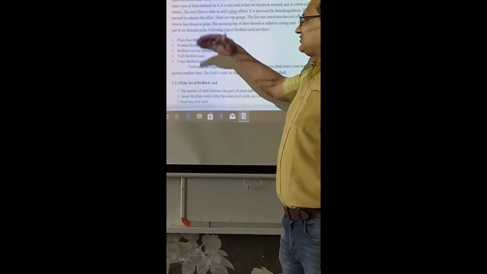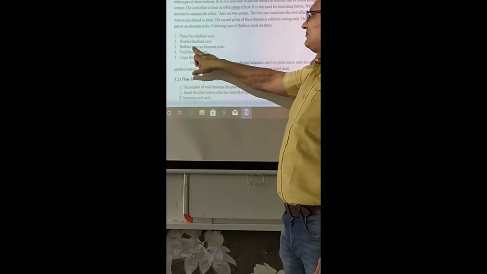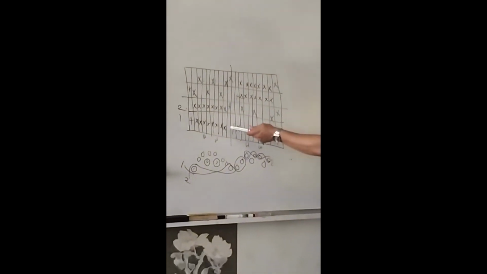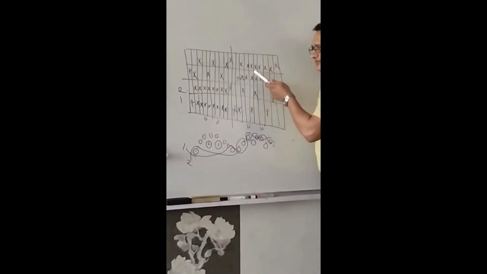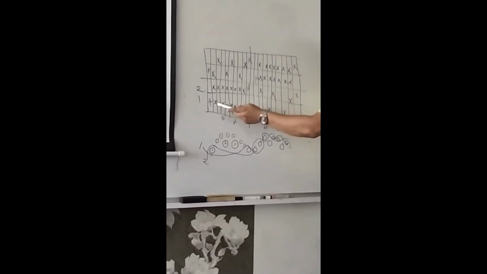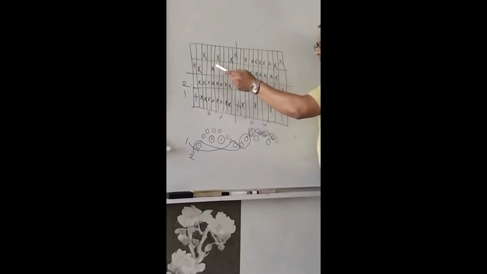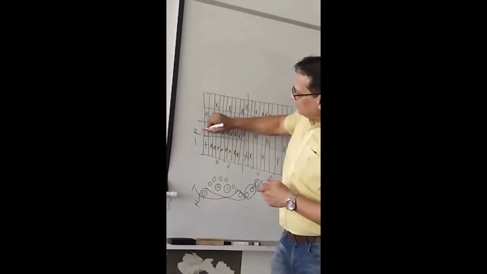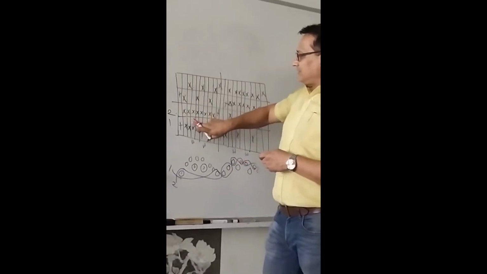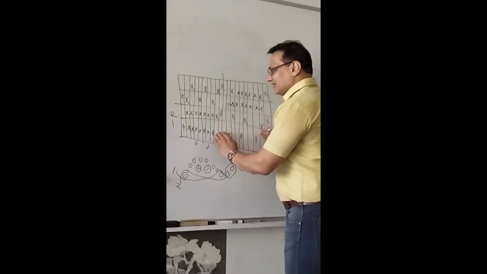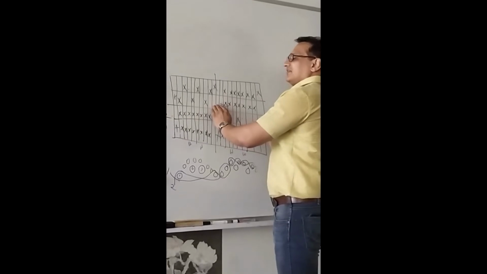We will change, if we change the picks, then it becomes Bedford cord on alternate picks. Means here Bedford cord is on first two picks, then it is on next two picks, first two, 3, 5. Alternate means it is on first pick, then it is on third pick. So if we shift this second pick to third pick, then it will be on alternate. पहले पे हो गया, it is lifted, then it is plain, then it is lifted on third.